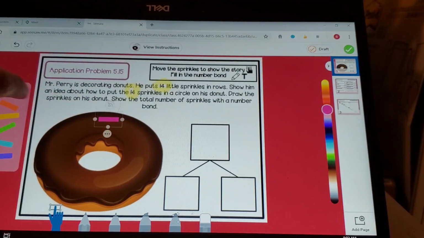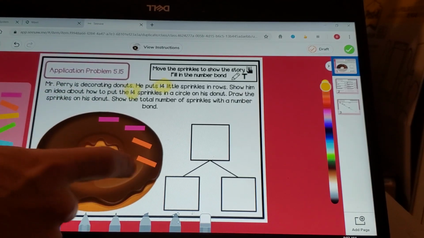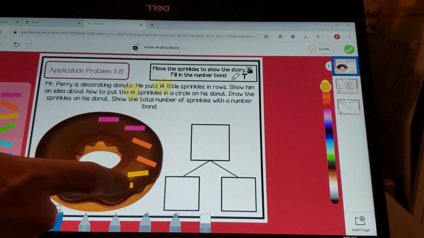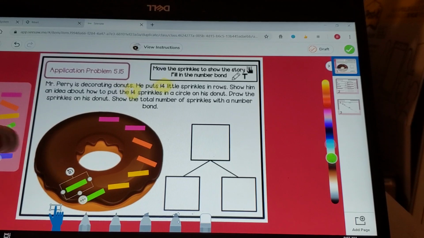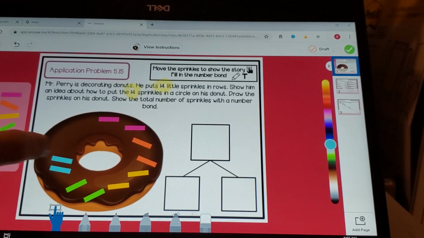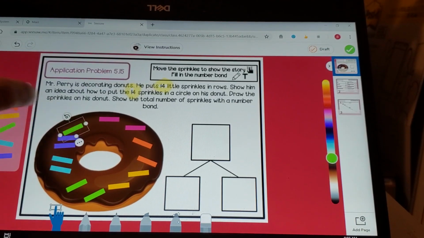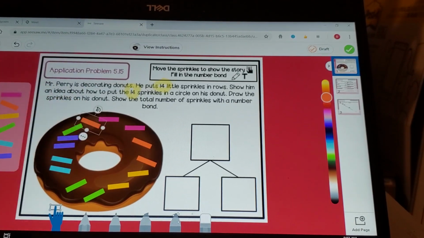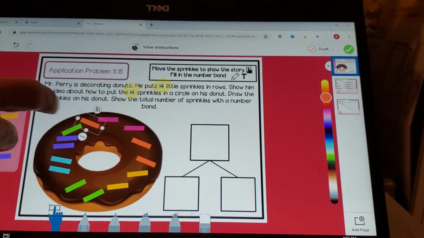There's 1, 2, 3, 4, 5, 6, 7, 8, 9, 10, 11, 12. I want another green. 13 and 14. I know that there are 14 there because the last number that I said was 14.